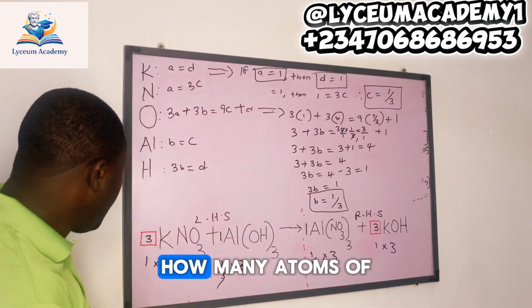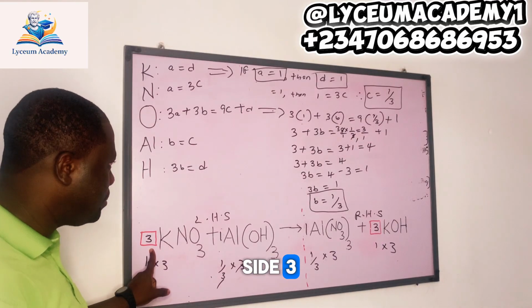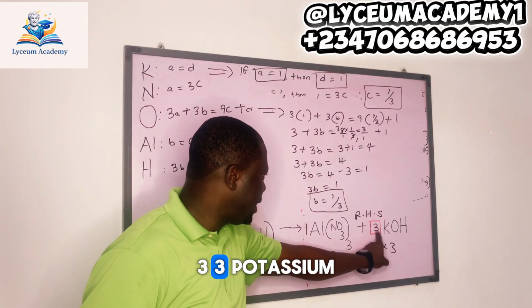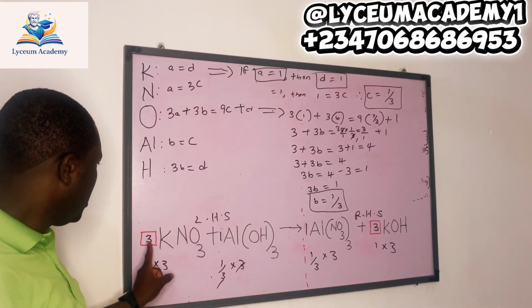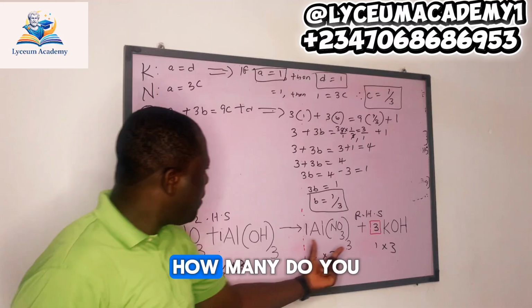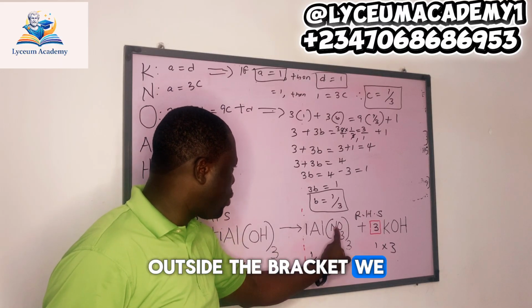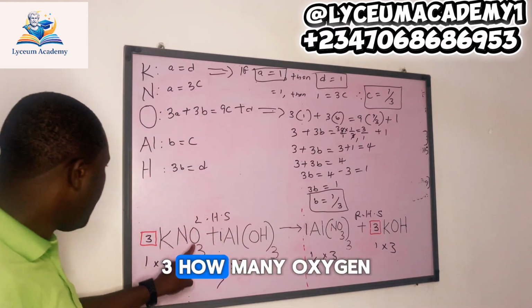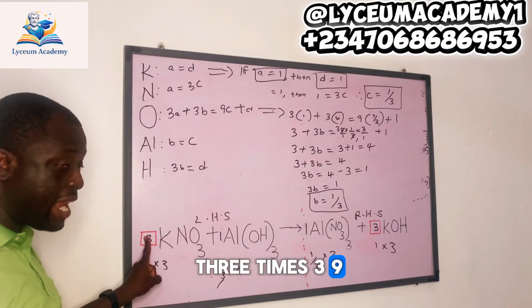How many atoms of potassium do you have on the left hand side? 3. How many atoms do you have on the right hand side? 3. 3 potassium. How many nitrogen on the left hand side? This is 3 nitrogen. How many do you have on the right hand side? Remember, this 3 outside the bracket, we have filled this nitrogen inside the bracket. Nitrogen is also 3. How many oxygen do we have on the left hand side? 3 times 3, 9.